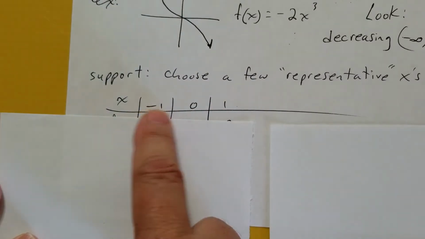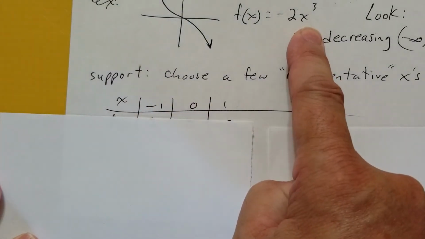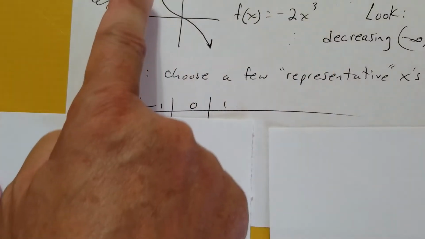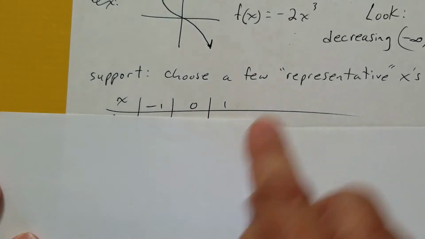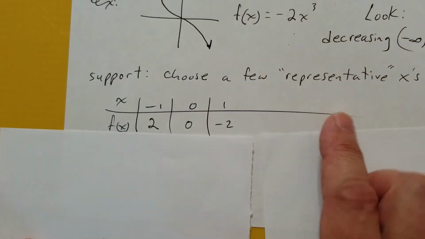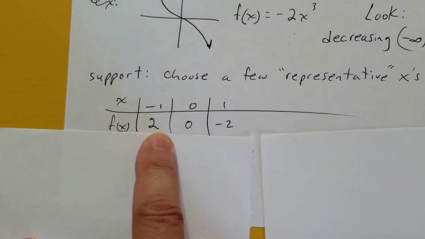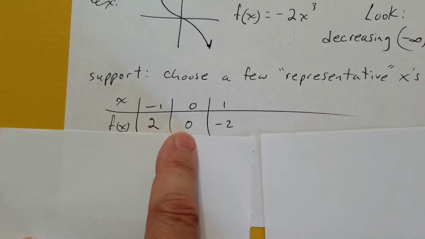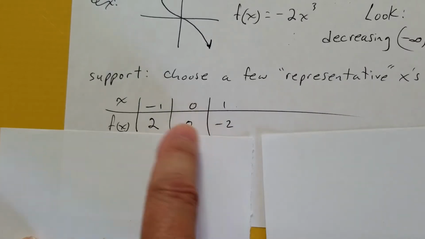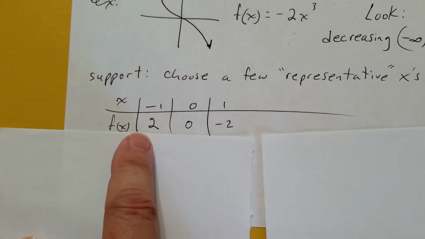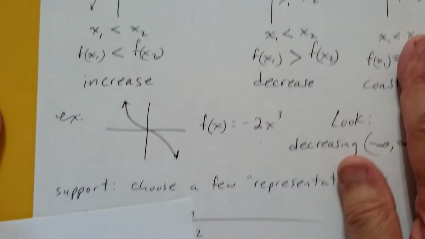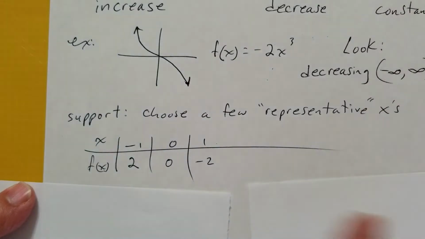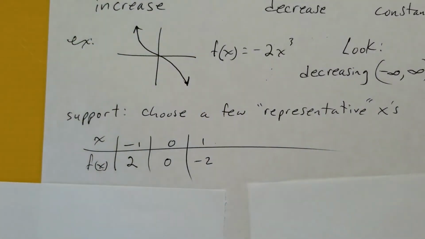Now, we're going to plug these three in, and what should your y do? Your y should go down, right? So as you plug these in, look, positive 2 goes down to 0, goes down to -2. So the x is going up, the y is going down. That's this situation, which is decreasing. So you show that this is decreasing.